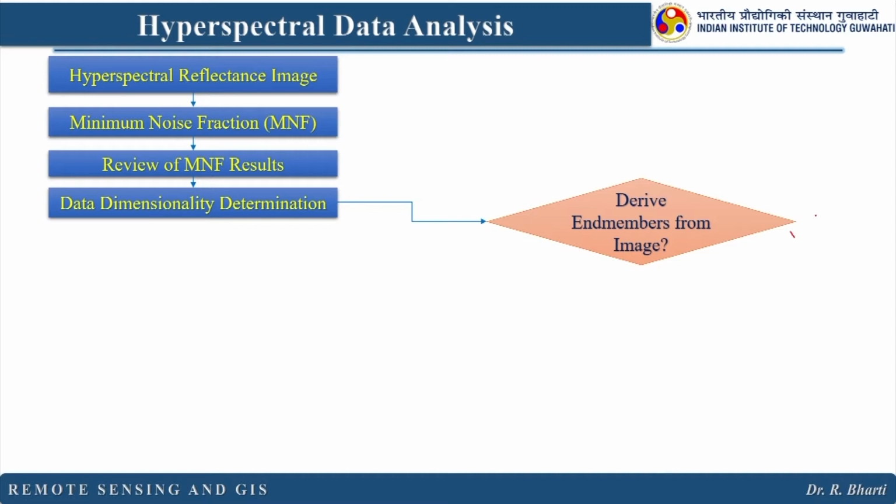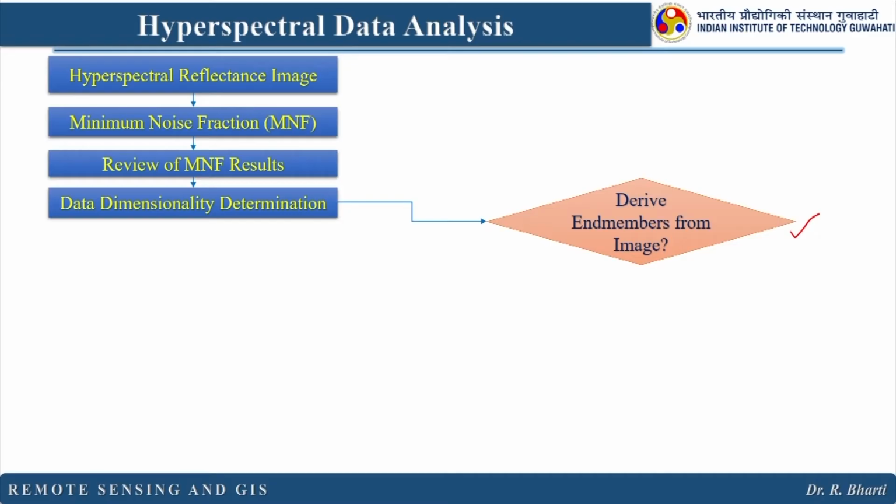In this particular flowchart we have a criterion, right? Either you will use the image to derive the end members, or you can use the field investigation result.